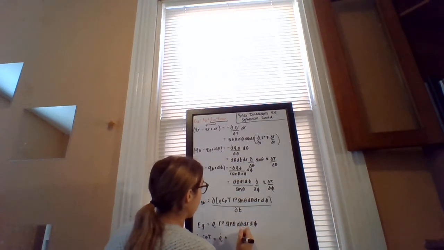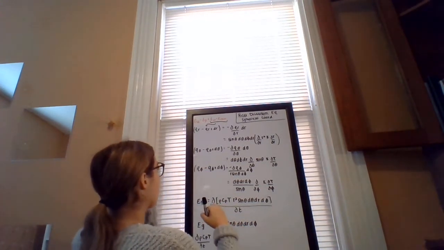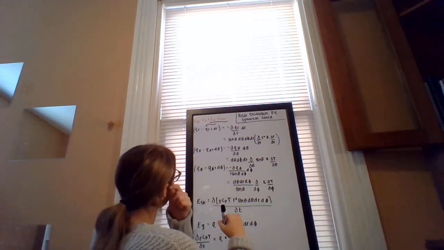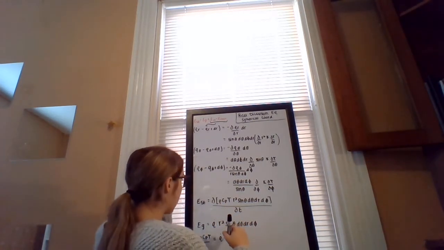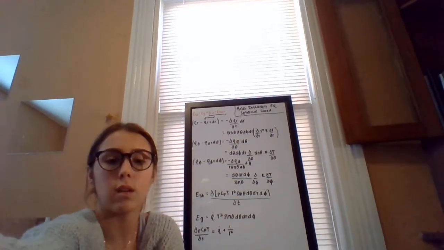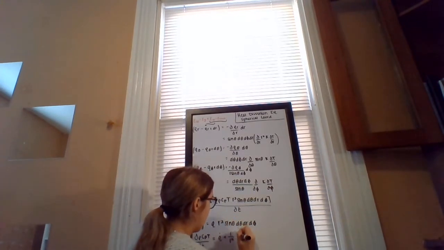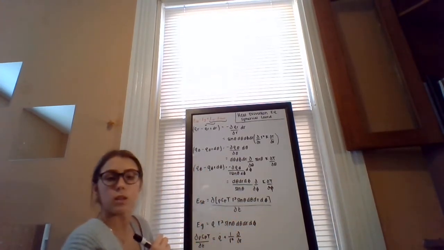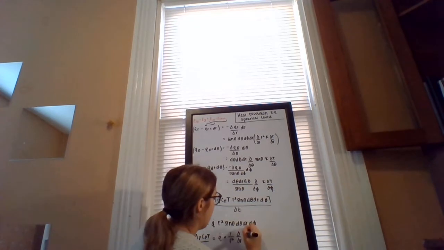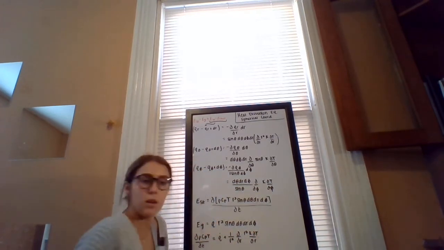And then plus 1 over r squared, r squared. And, oh, I don't think you can now. I think you can now. Can you see it? r squared. Right.